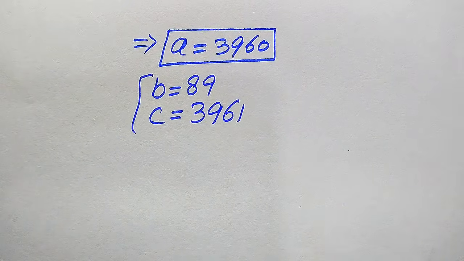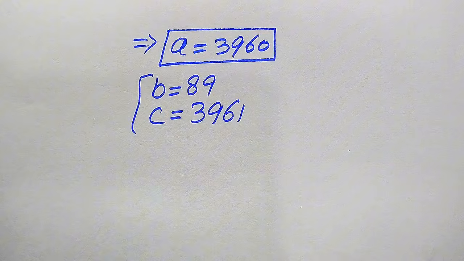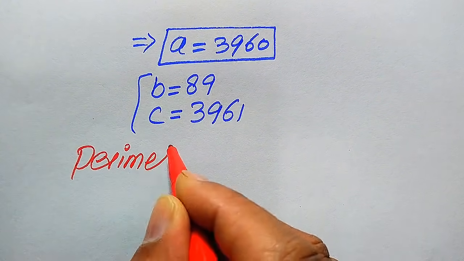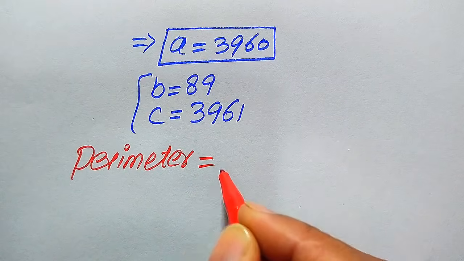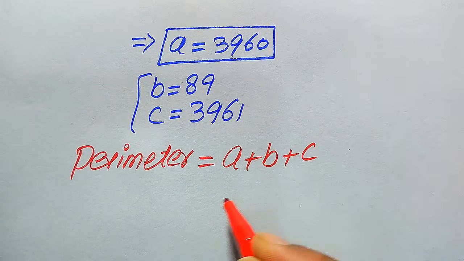And now we move towards finding the perimeter of this triangle. You know that the perimeter is the sum of the lengths of all the sides of the triangle. It means that it is a plus b plus c.